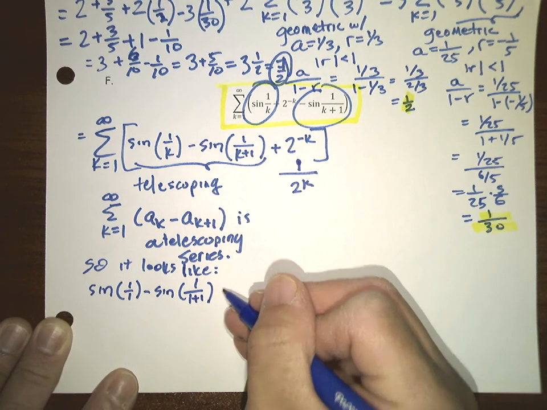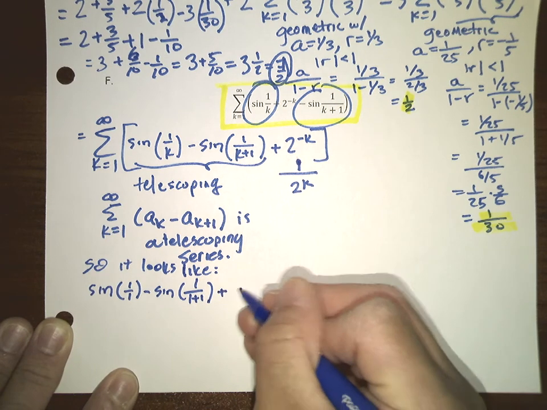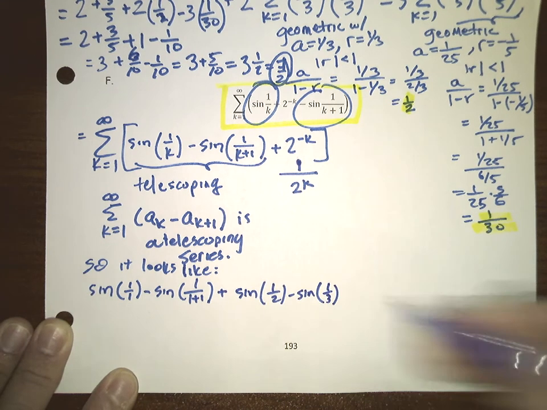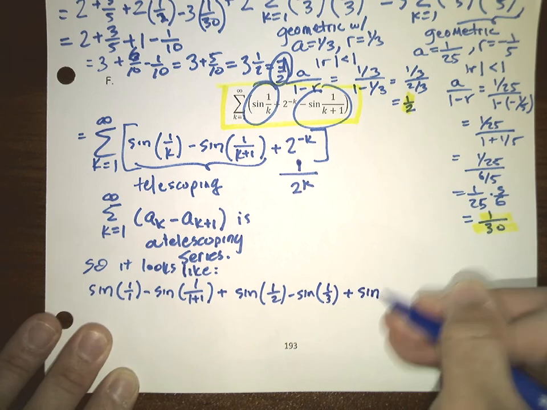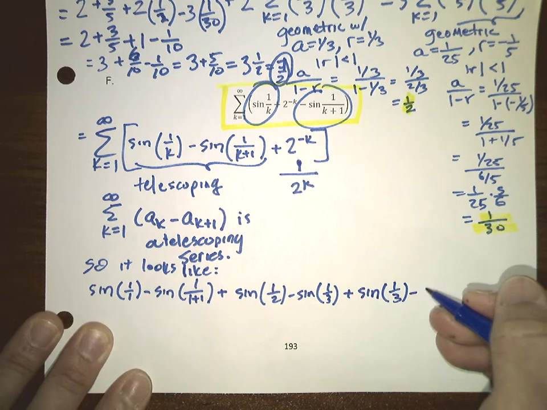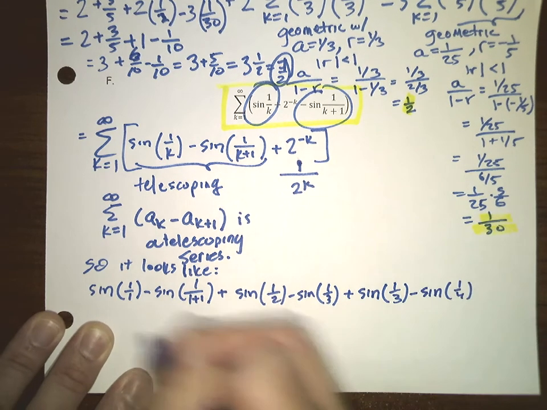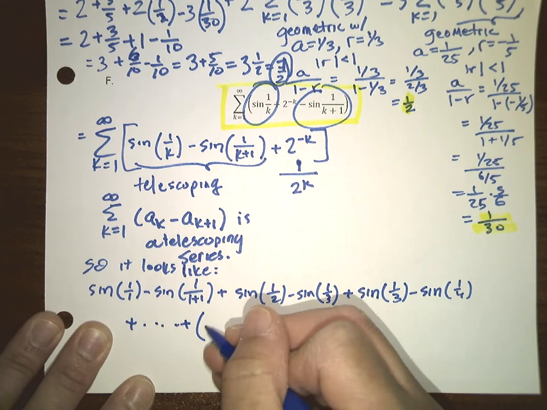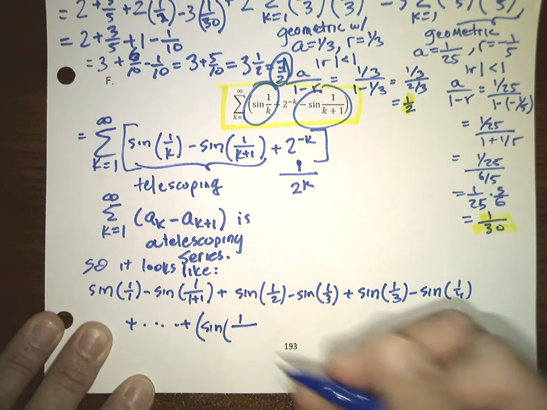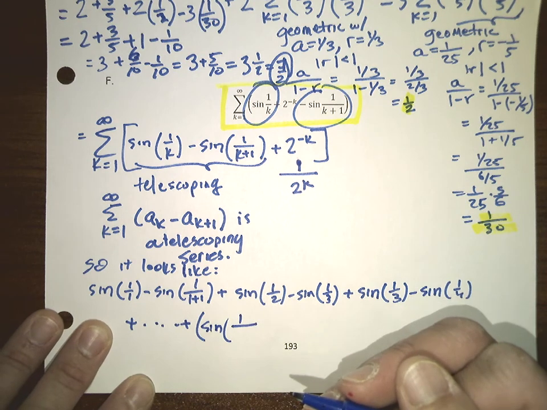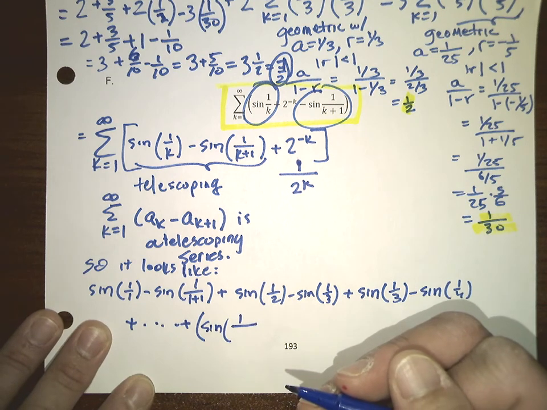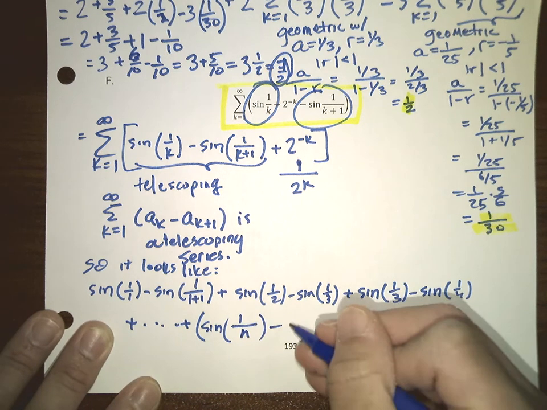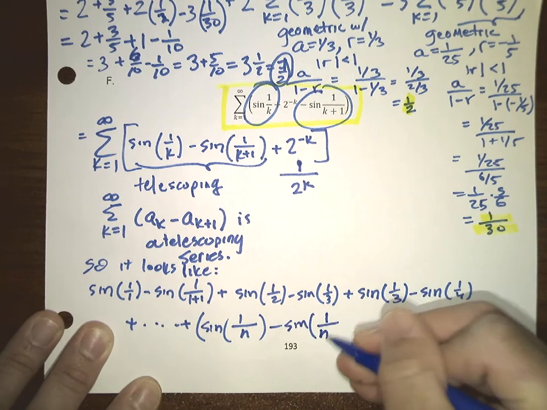Then if k is 2, I have plus sine of 1 over 2 minus sine of 1 over 3. Then if k is 3, I have sine of 1 over 3 minus sine of 1 over 4, and so on. And then I'm left with sine of 1 over n minus sine of 1 over n plus 1.